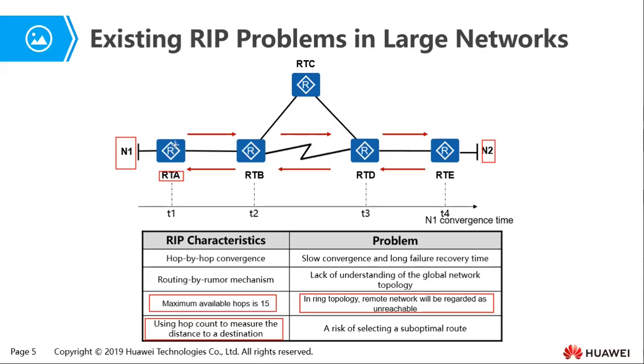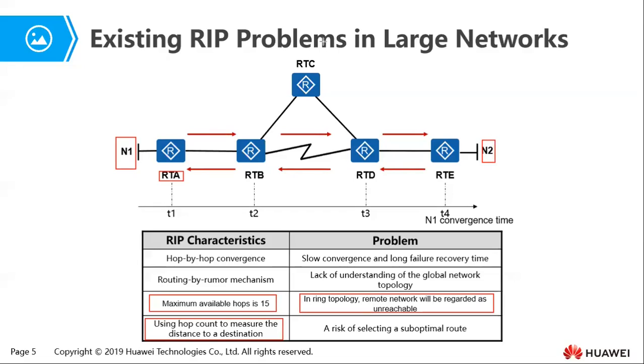For example, here we have 1, 2, 3, 4, so it's going to follow that path. Even though, if it followed 1, 2, 3 RTC, 4, 5, the packet would arrive faster at N2.